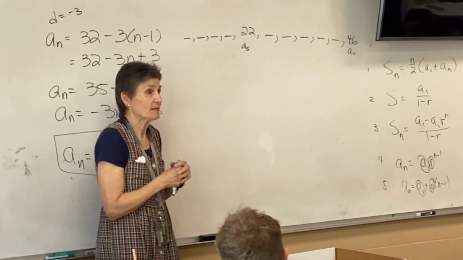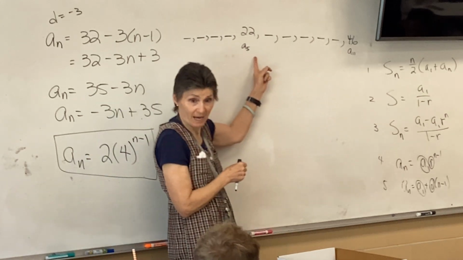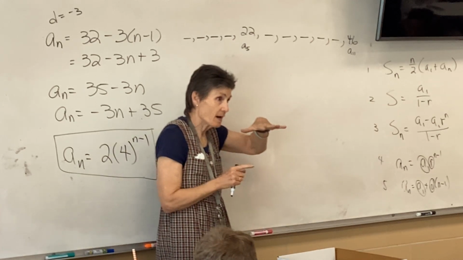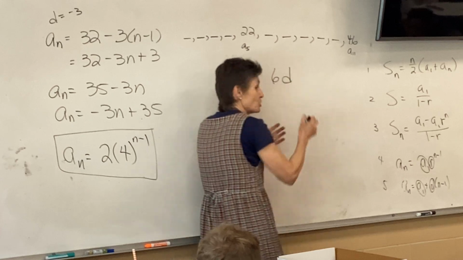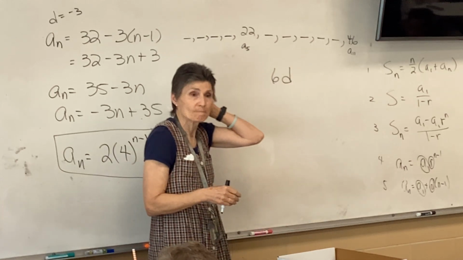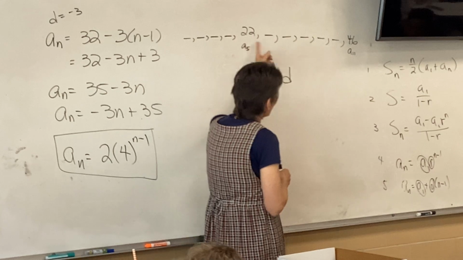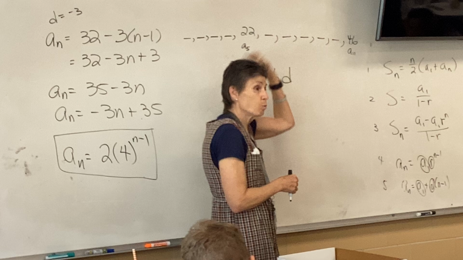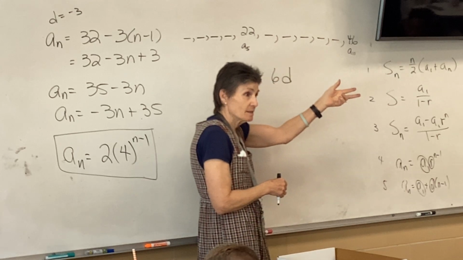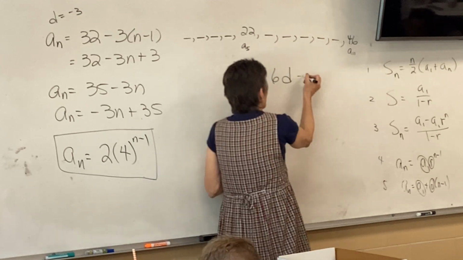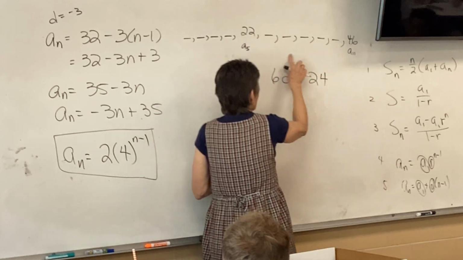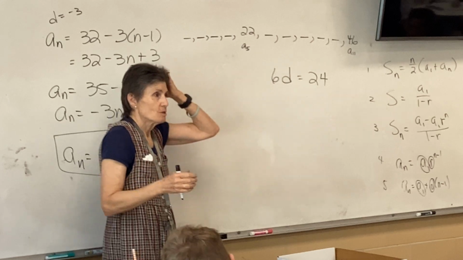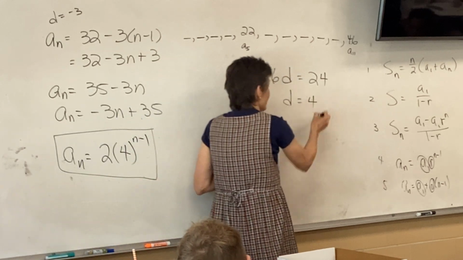How many times am I gonna add it? I'm going from term 5 to term 11, so I need to add it 6 times. So 6 of those differences is gonna get me from 22 to 46. Well, 22 to 46 is 24. So by adding something 6 times, I'm gonna move 24. So each addition is gonna have to be 4.